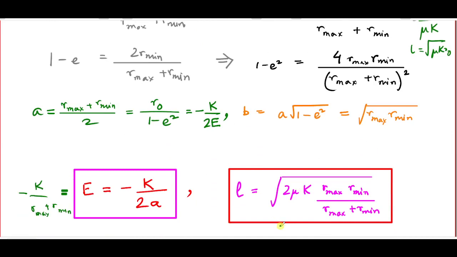And using the relationship between A and B with Rmax and Rmin, this can also be easily rewritten in a compact form as the square root of mu K over A times B. So whereas the energy for a bound Keplerian orbit is directly related to the semi-major axis of the ellipse, the angular momentum is related to both the semi-major and the semi-minor axis, and hence, whereas E determines the size of the orbit, L determines its shape.